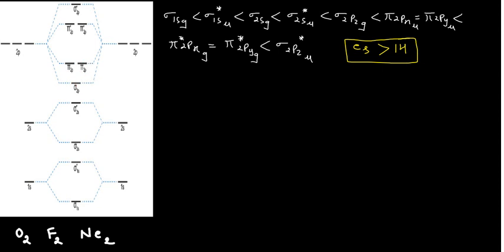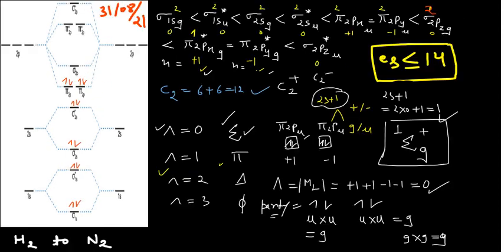In the earlier case, pi 2p were of lower energy and sigma 2p was of higher energy, for systems with 14 electrons or fewer. But whenever you have more than 14 electrons, this is reversed.